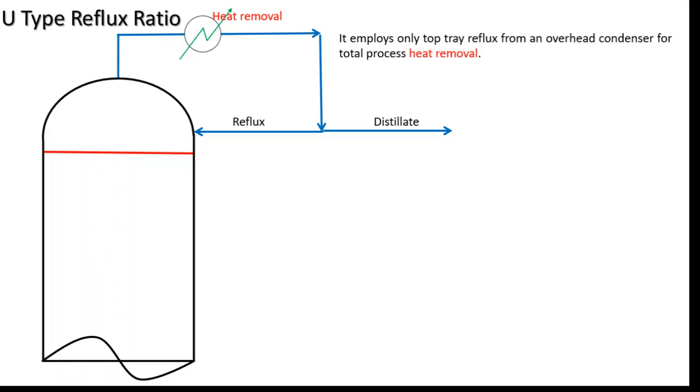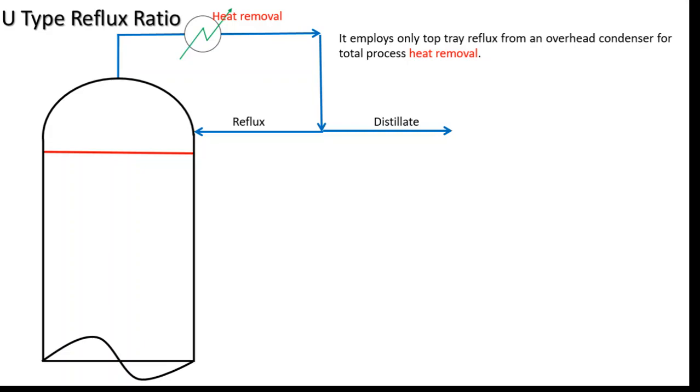In the U type reflux, only the heat is removed from the overhead condenser, that is the top of the column. There are no other options available, only the top one.